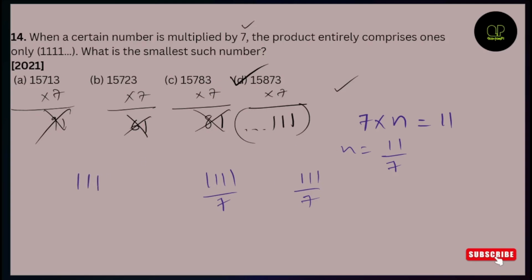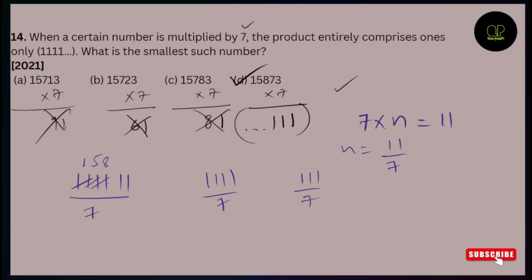So let me take 6 ones by 7. 1, 2, 3, 4, 5, 6. Let us see. 7 1s are 7, 41, 7 5s are 35, 61, 7 9s are 63, 7 8s are 56.